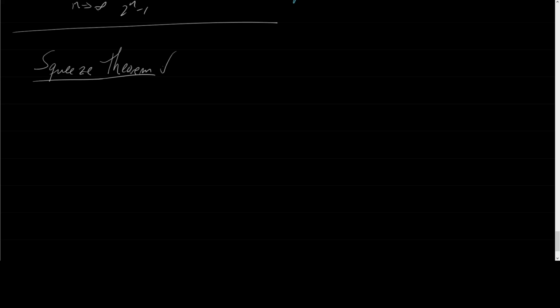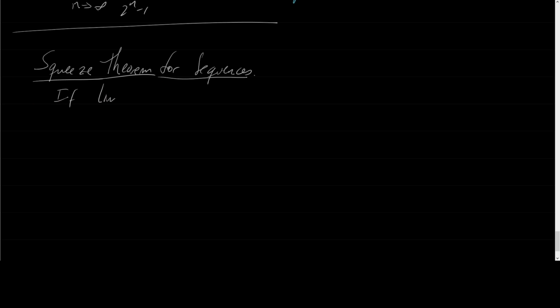Okay, now let's talk about something called the squeeze theorem. Now, the squeeze theorem, you should have seen that in Calc 1, but here we're going to do the squeeze theorem for sequences. Alright, and this is what the squeeze theorem for sequences says.